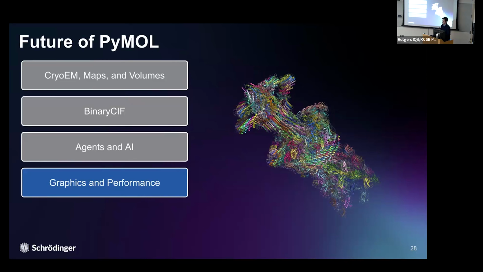All of those can leverage the GPU as well. So this is a giant structure that I'm showing here. This is a flagellar motor that if you want to ray trace or generate a surface for, takes a very, very long time using the CPU, but is very, very fast when you're able to use the GPU. So again, just another category that we're trying to improve.